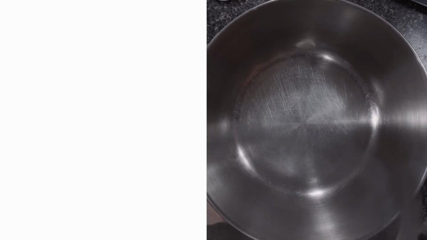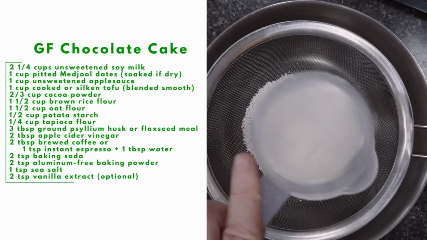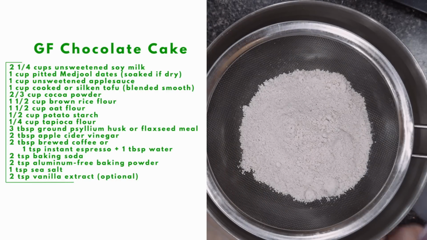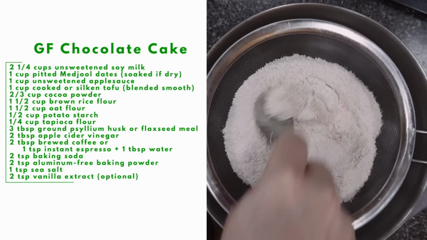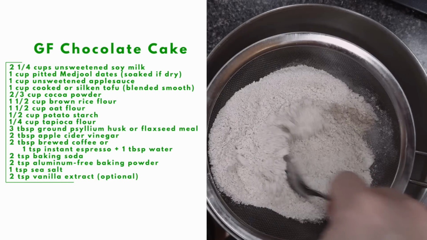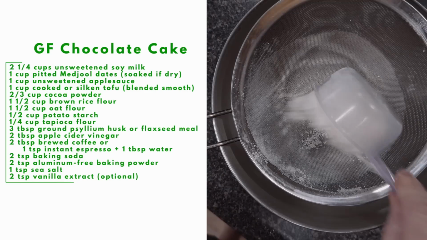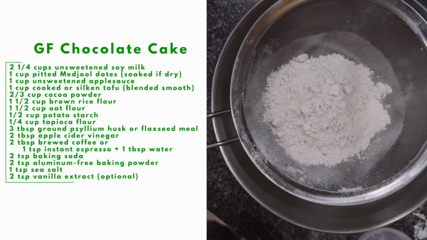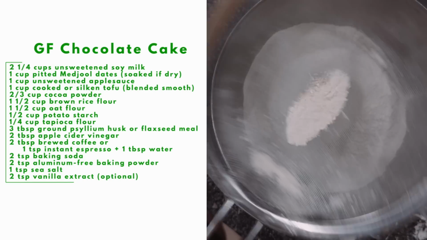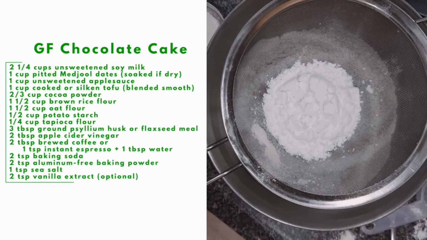So to make it gluten-free, I decided to go with a blend that's kind of similar to our pancake blend a little bit. I'm going to put all the ingredients here on the screen, and this is enough to make a double layer cake that has two 8-inch circular pans. So we're putting in brown rice flour, oat flour, and then I decided to go with a mixture of potato starch and tapioca starch as opposed to just one or the other.